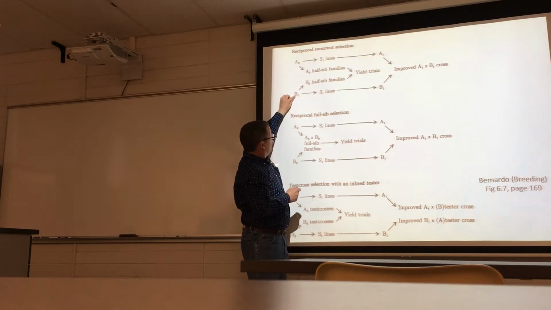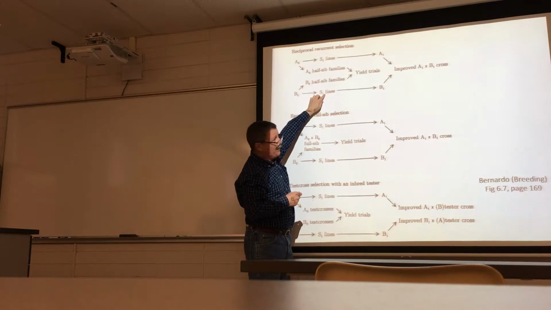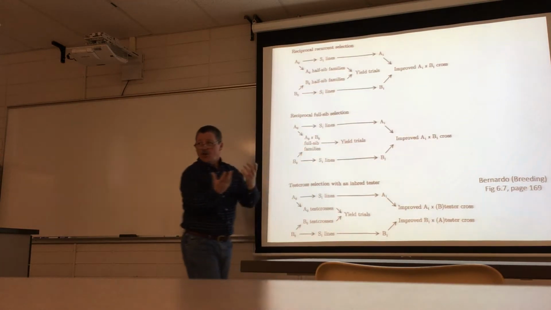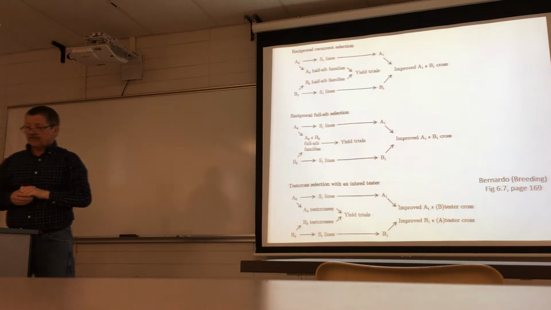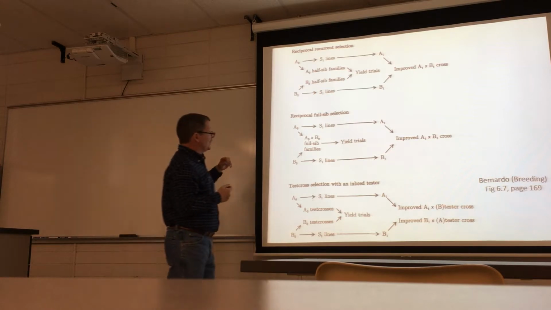So in this case, all those individuals that are crossed are also self-pollinated, and the superior ones in total represent the cycle for the next cycle of recurrent selection.